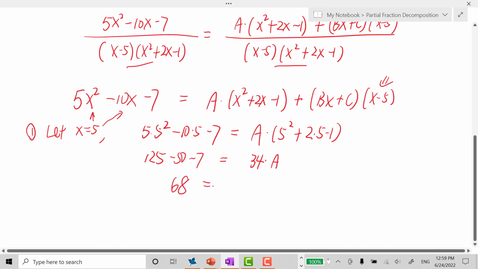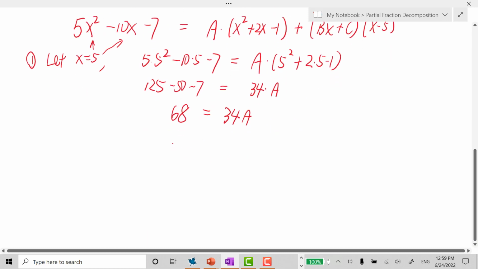So 68 equals 34a. That means 34a equals 68. So in this case, a equals 68 over 34, which is 2. So a equals 2.